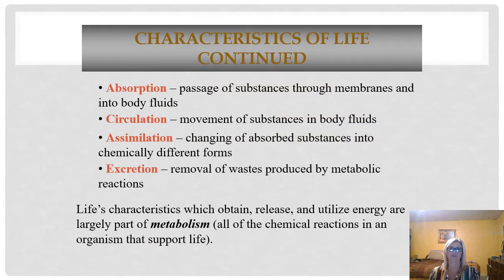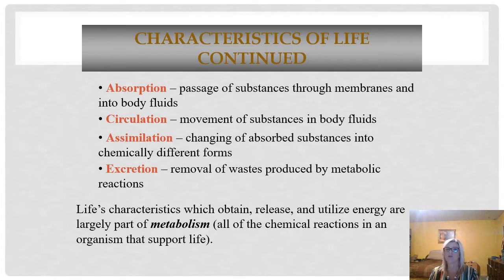So some more characteristics of life are going to be absorption, which we kind of included a little bit with digestion. But once we break it down, we then have to assimilate it into our body and send it to the right area that it needs to be used. We're going to have circulation. And so if we have oxygen, we breathe it into our lungs, and then we have to circulate that to every cell in the body. We've got to have oxygen.